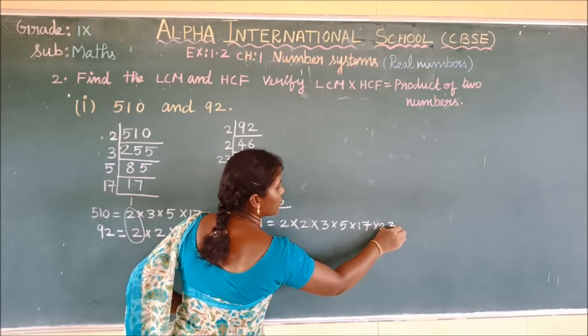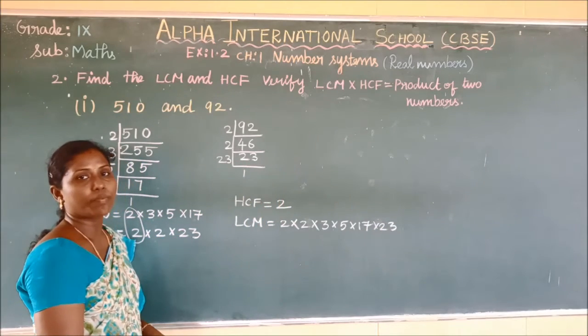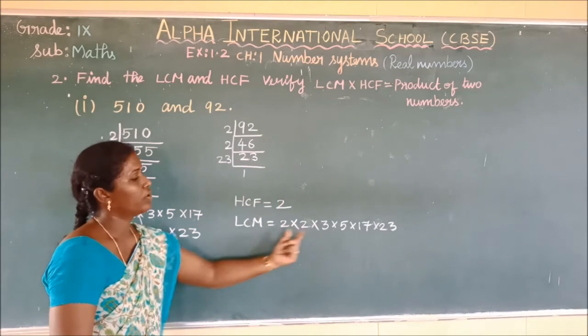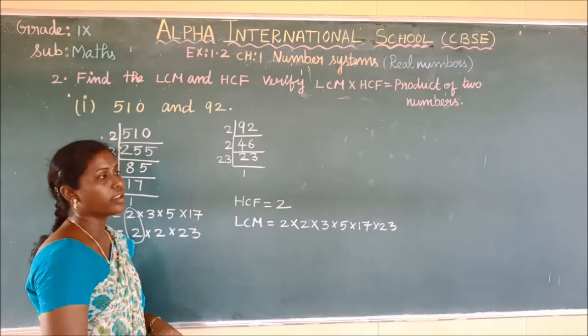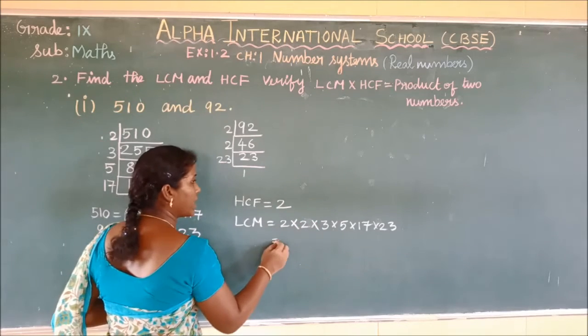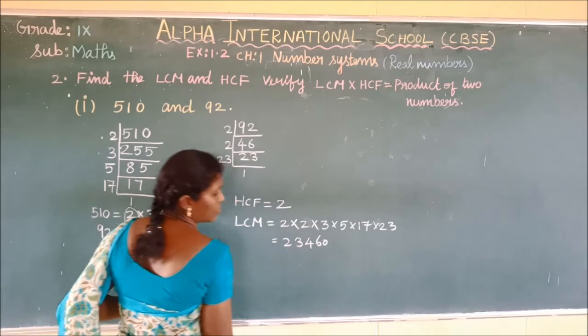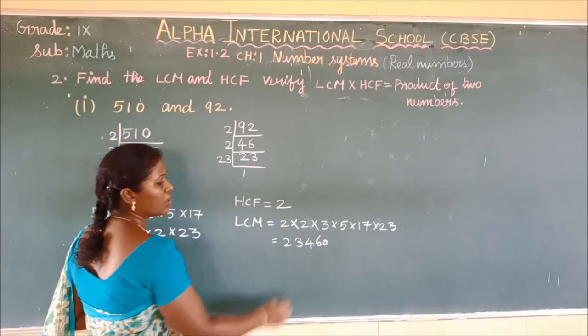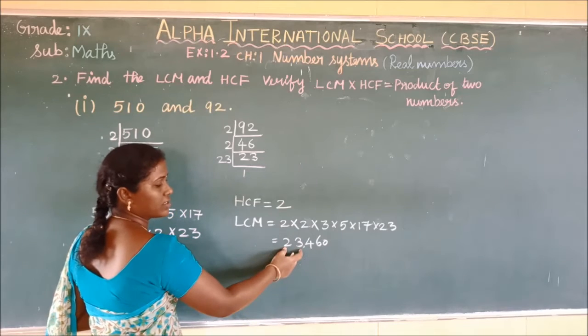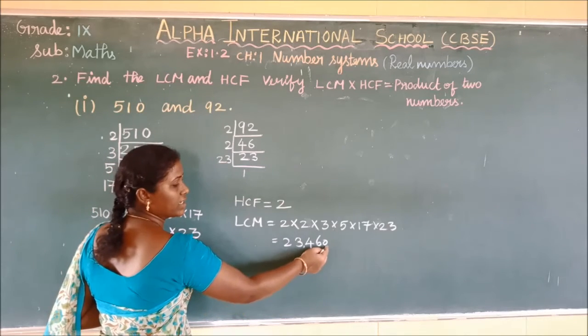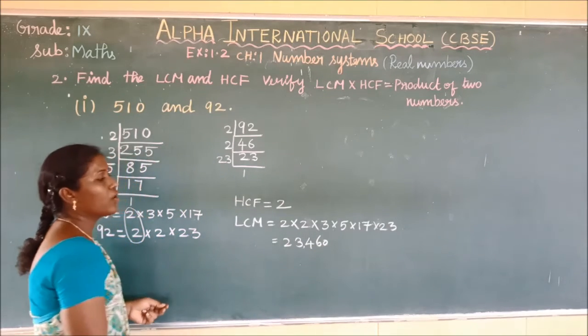Into 23. Okay. So the LCM, you have to multiply. If you multiply all, you will be getting the answer 23,460.